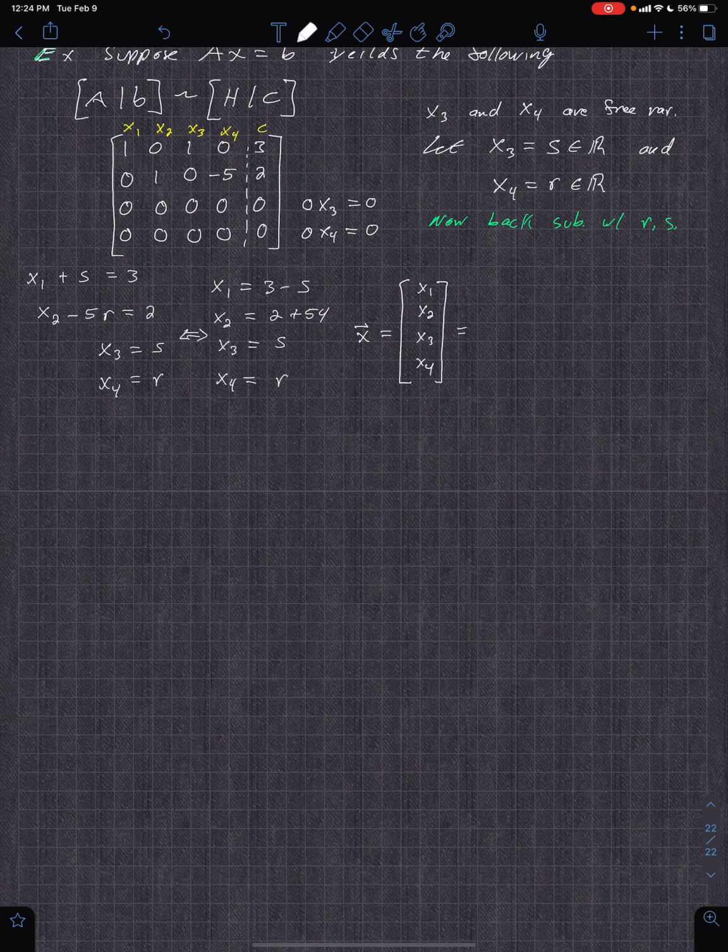And then now write that in the same format. It's 3 minus s, 2 plus 5r, s, and r. And then you just simplify it. This is called your general solution. I forgot to write that up there. So 3 minus s, 2 plus 5r, s, and r. Okay, so that's your general solution.